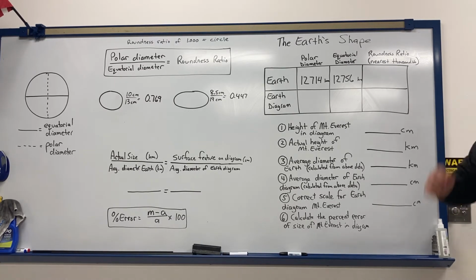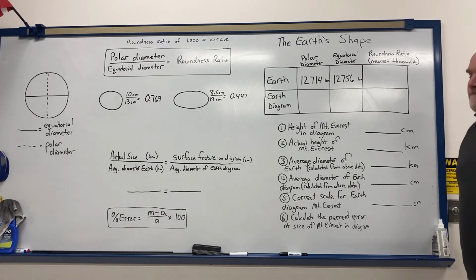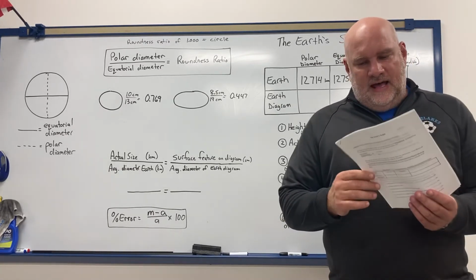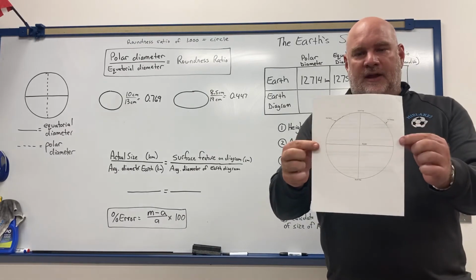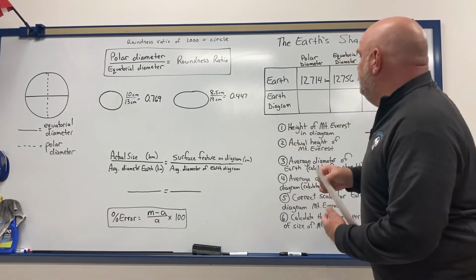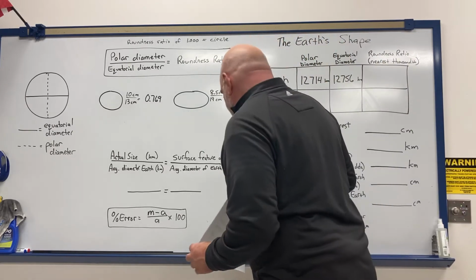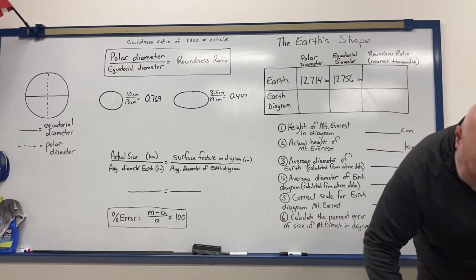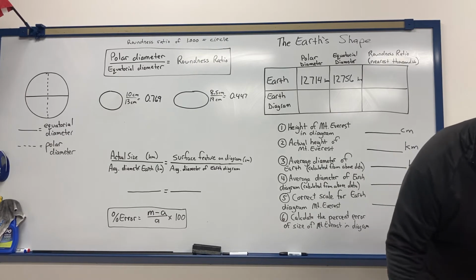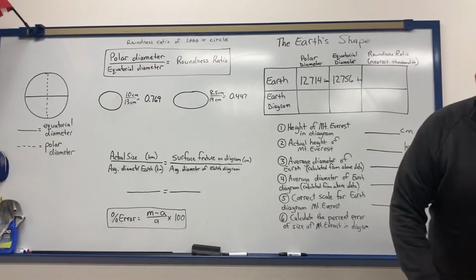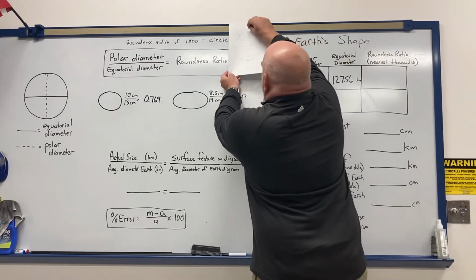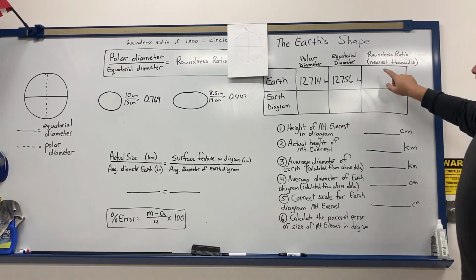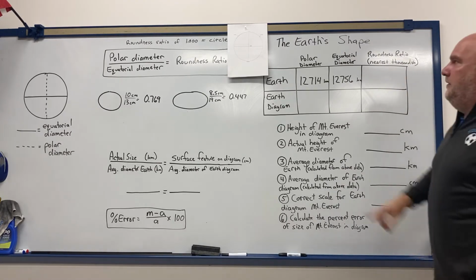Next, we want to compare that to something. In your lab, you have a diagram of the Earth here, and we want to compare the Earth's roundness ratio to that diagram.